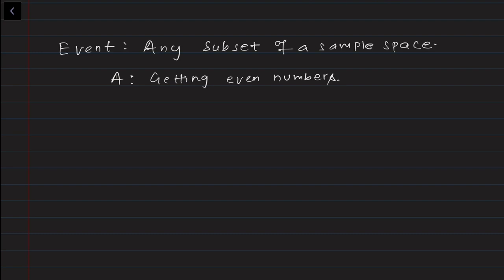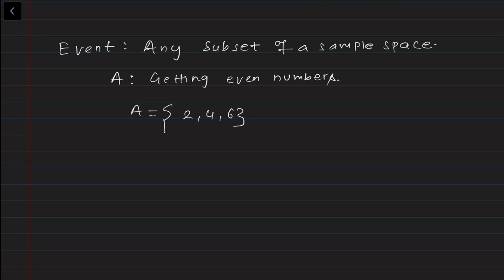Okay, so we write event A as the set 2, 4, 6 because these are the possible even numbers that can appear on the dice. Okay, so this is the event, and the sample space can also be the event.